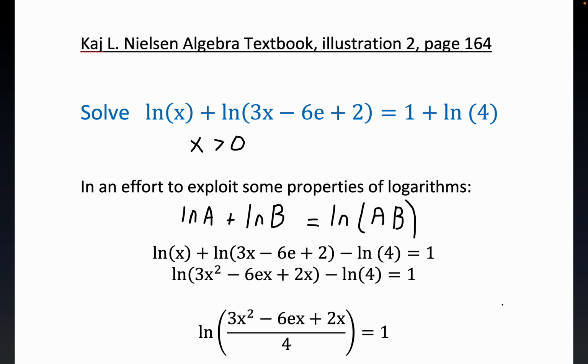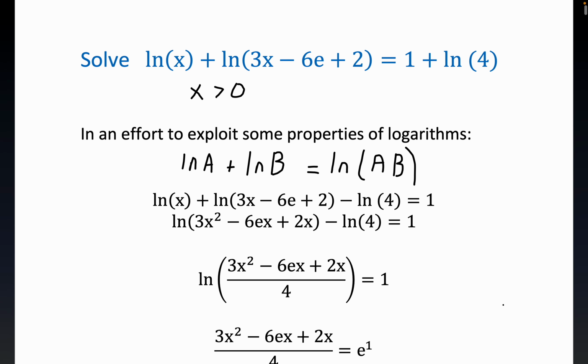Now the very next one is a similar property that says ln of A over B is equal to ln A minus ln B. And this just has to do with properties of exponents. You subtract exponents when you have quotients.